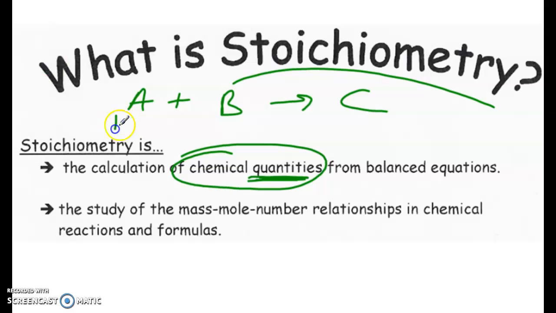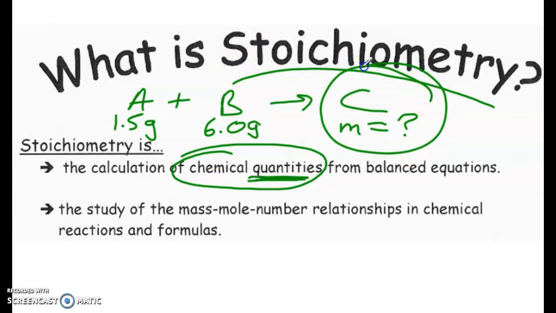Let's say I had 1.5 grams of A and 6.0 grams of B. I can start to predict, well, how much C could I possibly produce? When we're doing reactions, part of it is just to see the chemical change or to predict the products. That's kind of like what we saw in Unit 2, where we just focused on reactions. But now the two are going to go hand in hand together.